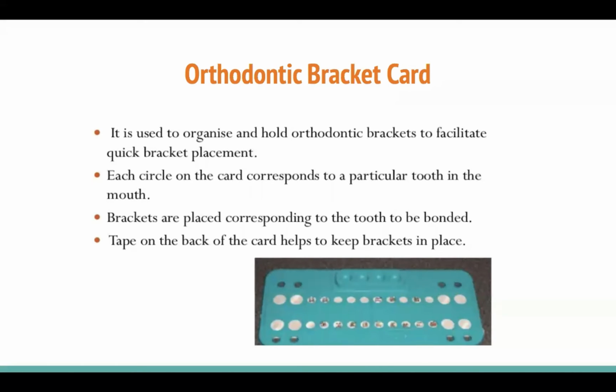The circle on the card corresponds to the particular tooth in the mouth. Brackets are placed corresponding to the tooth to be bonded. Tape on the back of the card helps keep the bracket in place. So this white color is a tape, it's like a glue. And even if you want to put the bracket upside down, you can put a bonding material on top, you can do that.